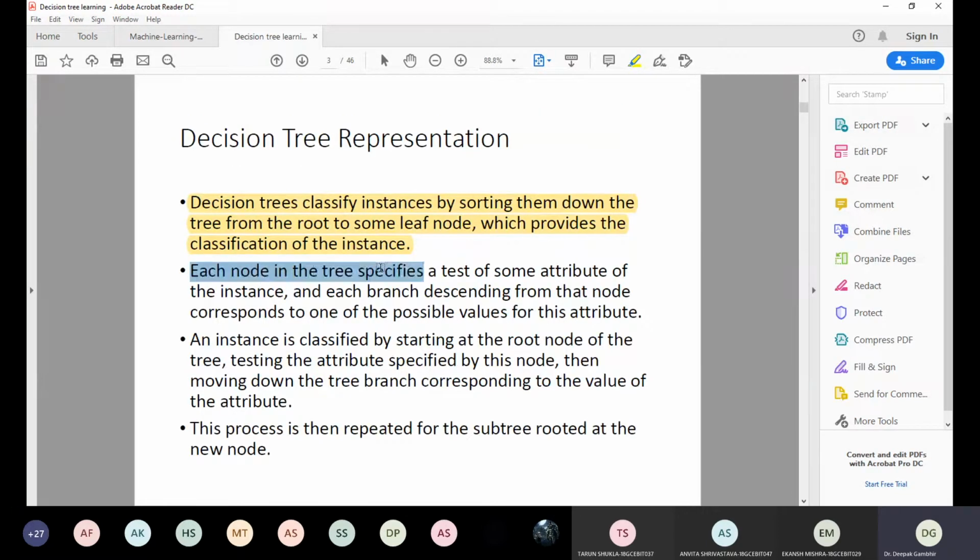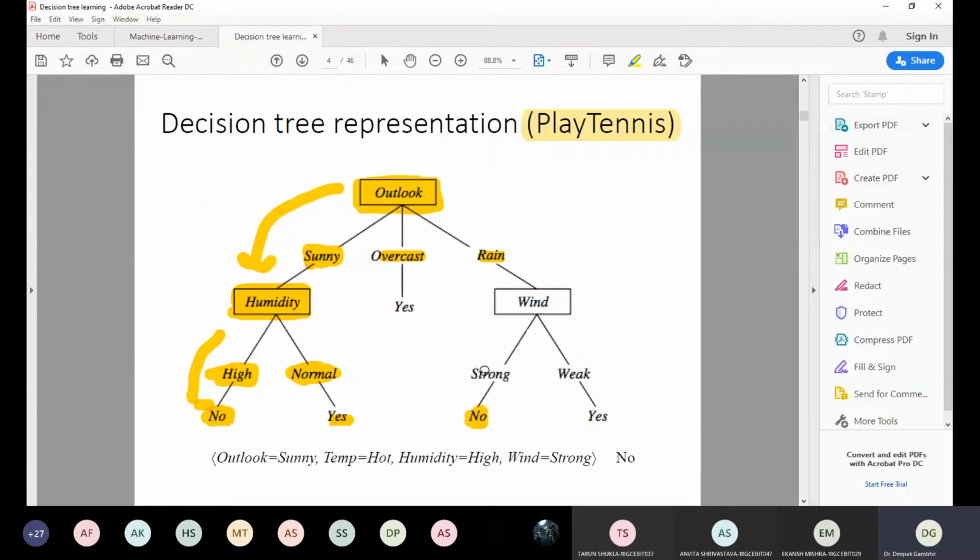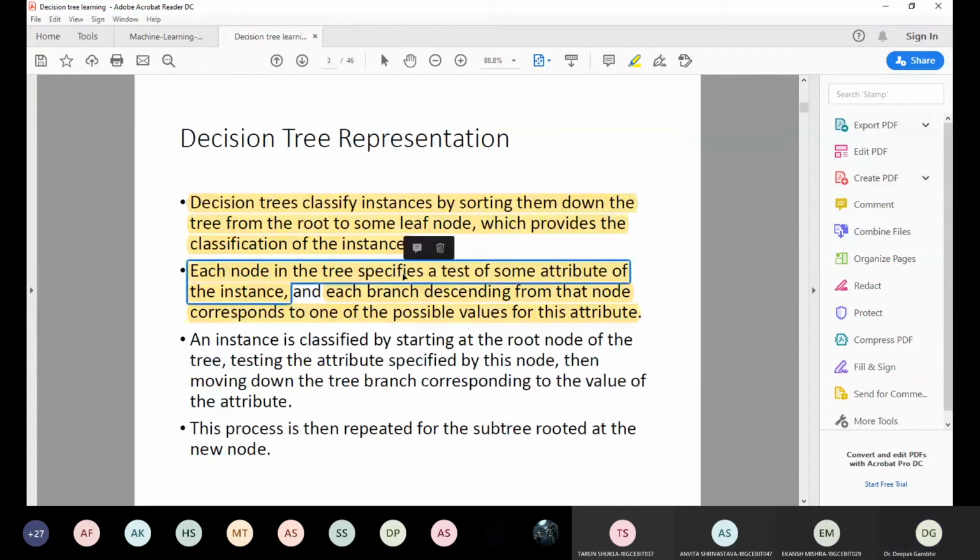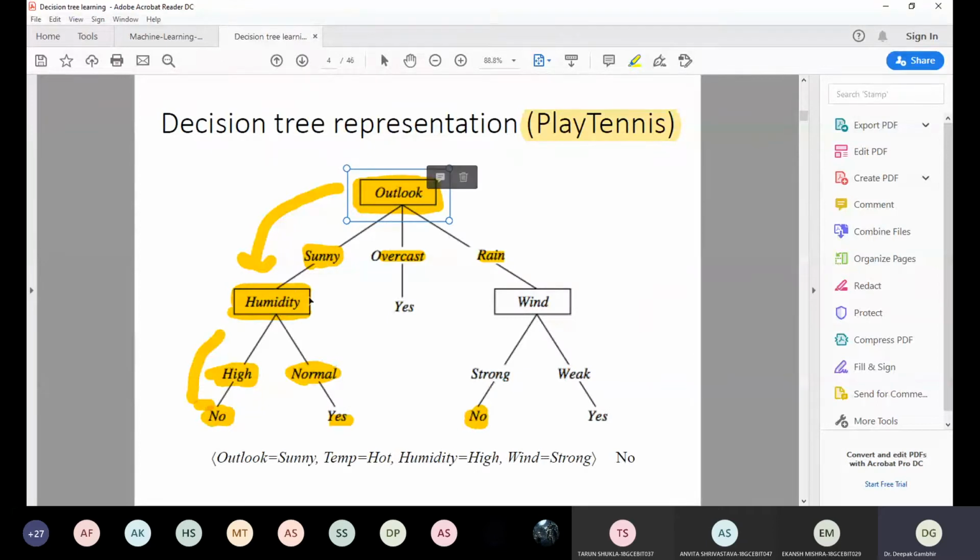So this is how we represent the decision tree. Each node in the tree specifies a test of some attribute of the instance, and each branch descending from the node corresponds to one of the possible values for this attribute. This is a node, and this is a node. A node specifies some attribute of the instance. The attributes in this case are outlook, humidity and wind. These are the three nodes, so these nodes represent attributes.